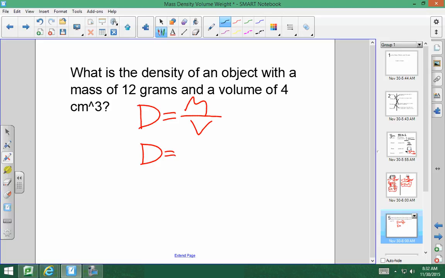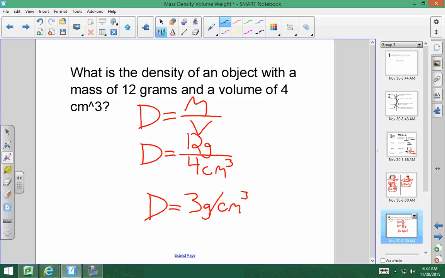D equals, our mass is 12 grams, and our volume is 4 centimeters cubed. Now notice I wrote the units of measurement here because it's very important for your final answer to have the correct units. So after we do our calculation, we should get 3 grams per centimeter cubed. Perfect.